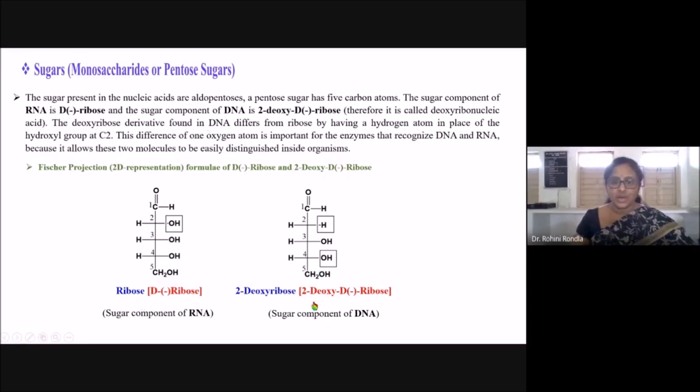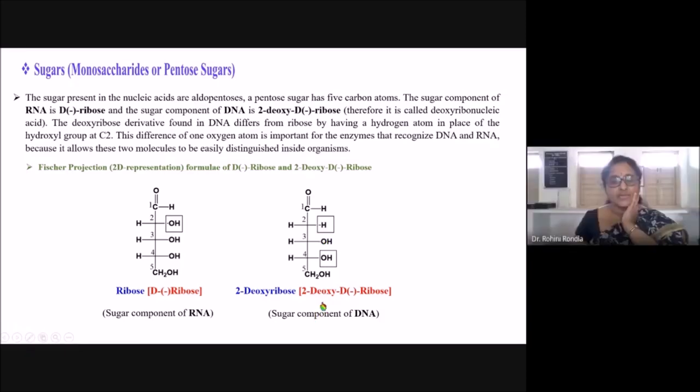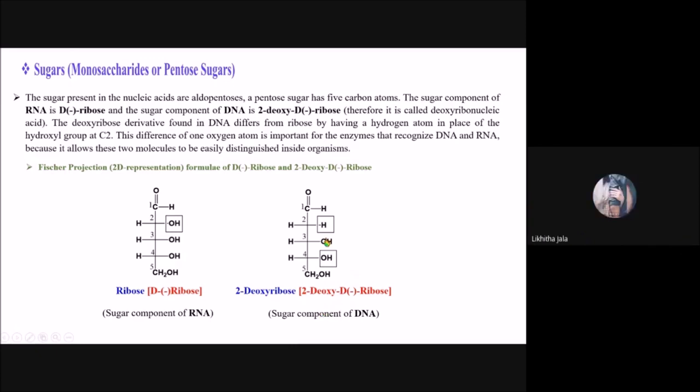And the sugar component in DNA is called 2-deoxyribose. Okay, 2-deoxy. Why are we calling it deoxyribose? Because of the absence of oxygen atom on the second carbon atom.